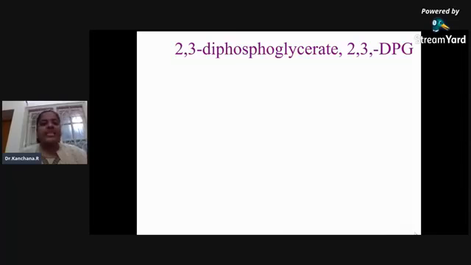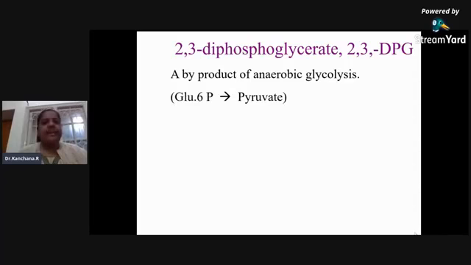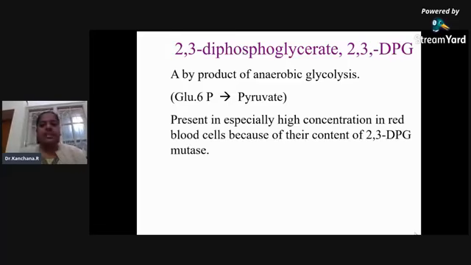And 2,3-DPG is an intermediary product of the Embden-Meyerhof pathway, where it is produced within the RBC. It is a byproduct of anaerobic glycolysis when glucose 6-phosphate is converted to pyruvate. It is present in especially high concentration in RBCs because of the content of 2,3-DPG mutase, the enzyme.